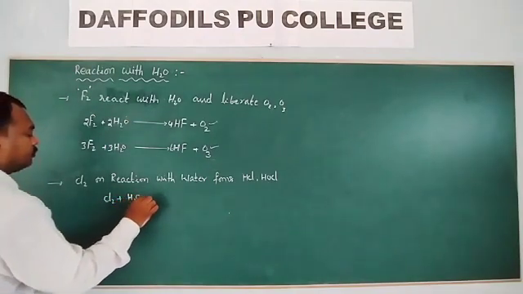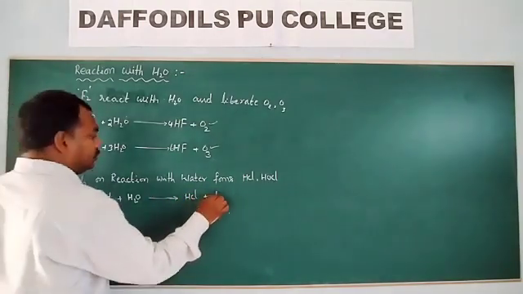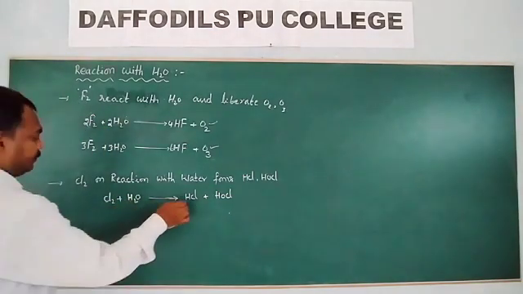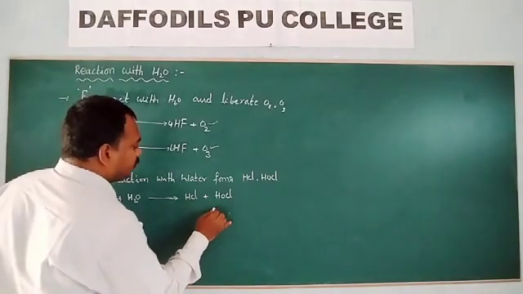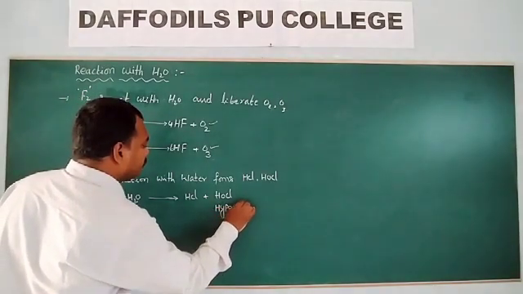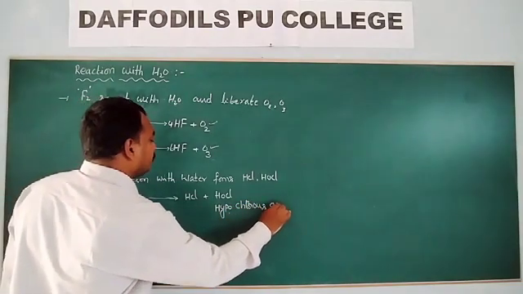Cl2 plus H2O gives rise to HCl plus HOCl. This one is called hypochlorous acid.